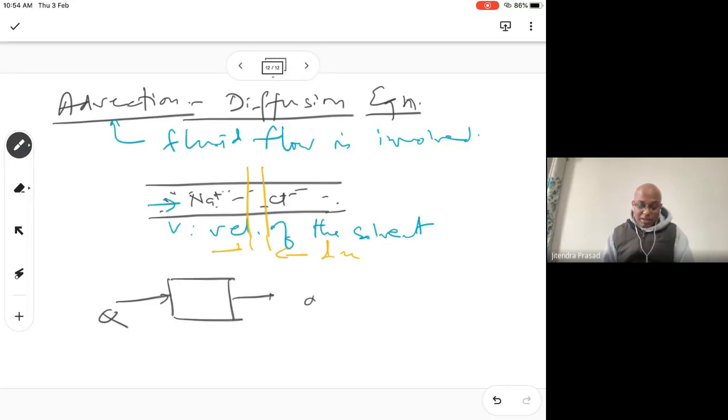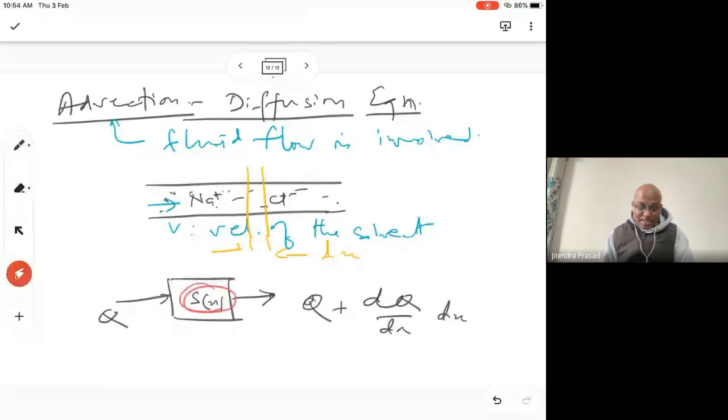So you have Q here, and Q plus dQ over dx is what is flowing out, and then you have S dx, and also you have a V. If the concentration here is C, then what flows in is C times V times A, since there will be area as well.